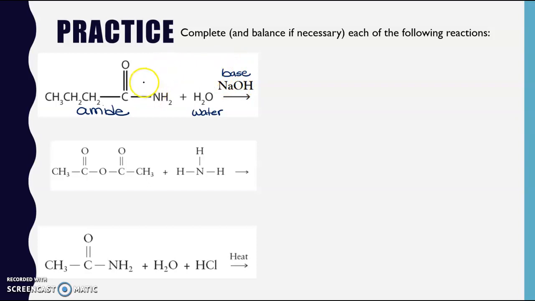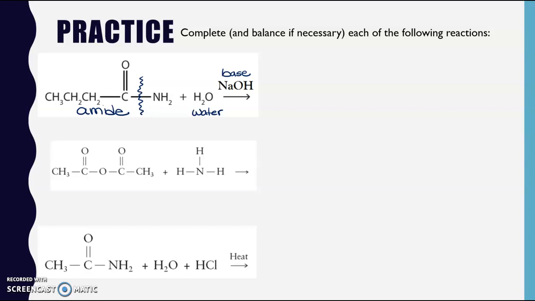When an amide breaks, we're going to locate the amide linkage and break it there. So I'm going to generate the carboxylate portion. I want to walk you through how I think of this, even though this might not be necessarily the most accurate mechanism.